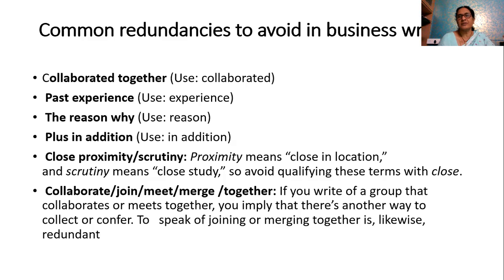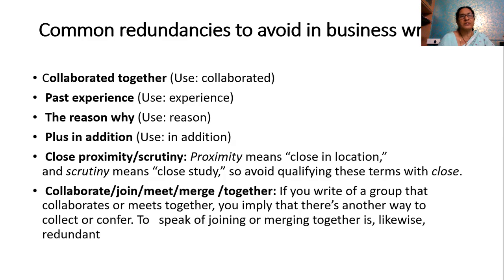Scrutiny is a much higher word than just correction. Close study: sometimes we qualify these words with close. So avoid using close study, close proximity, close scrutiny. Proximity, scrutiny, study is enough. Okay, collaborate, join, meet, merge together.